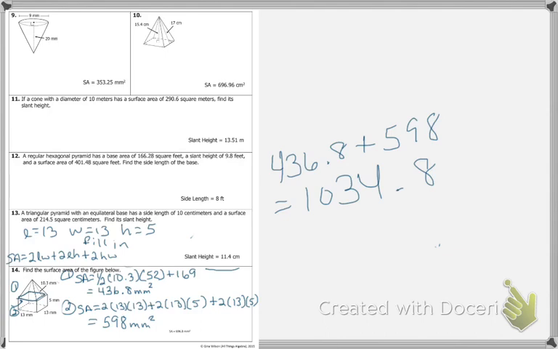It's just a square, so I know I'm gonna have to take away 2 times 169. So my final answer ends up being 696.8 millimeters squared. Good question though.